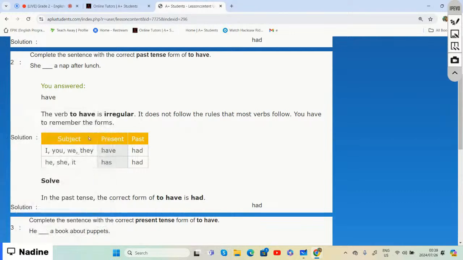All right, so we see that when it comes to the verb to have, then it's also irregular.